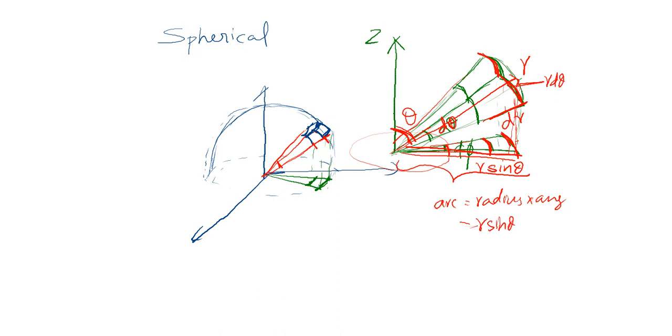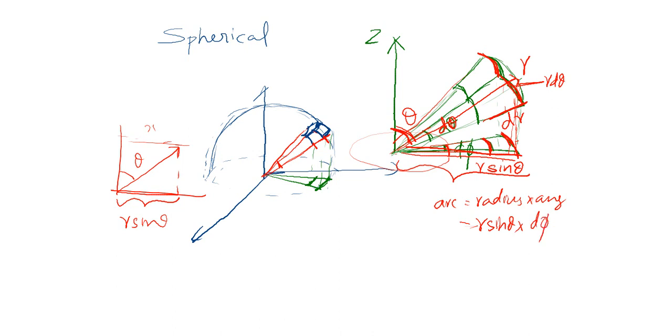Because this is not the length. I have to project that onto the xy plane. So it will be like this: this is r, and this is the angle theta. The projection of this one I want. Sin theta is opposite divided by hypotenuse, that is this divided by r is equal to sin theta. So this will be r sin theta. So the radius is r sin theta, into angle d phi.